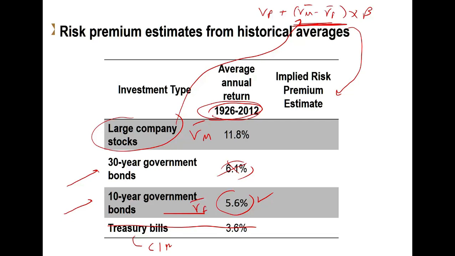So what is the market risk premium that I would use for Google? It would be the market return of 11.8% minus the 5.6%. So overall, my market risk premium will be 6.2%. That's my market risk premium for Google. And what would I need to do in order to find the required return for Google?